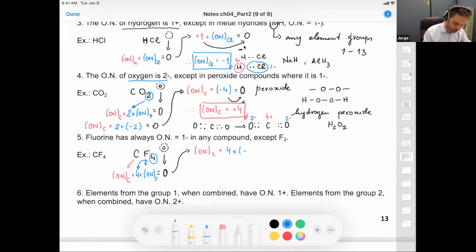So I'm going to write here -1, and that has to be equal to 0 because the compound is not charged. Oxidation number of the carbon plus 4 times minus 1 is minus 4 equals to 0. There is only one solution for this equation, and that means the oxidation number for the carbon is equal to plus 4.